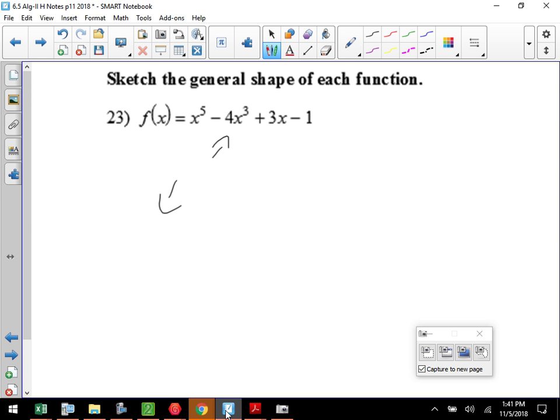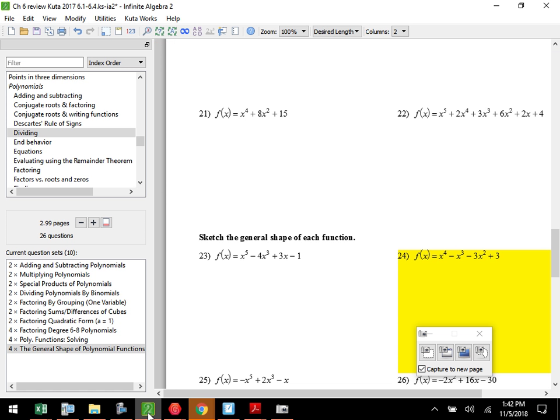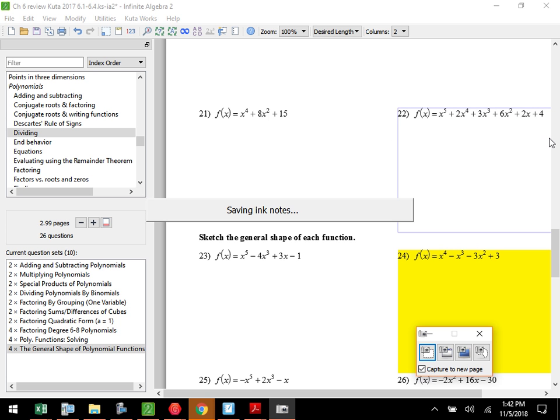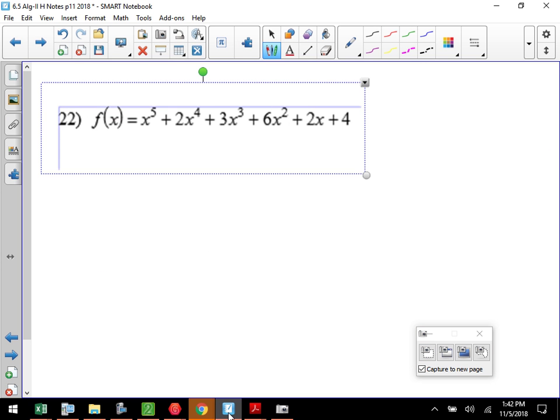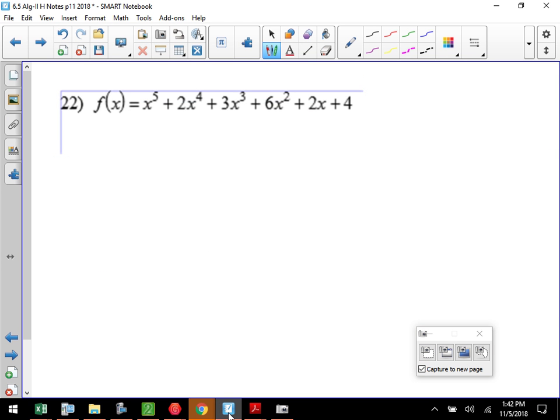Also, if you look at number 22, I think it said solve for all zeros. Now, when you get into this one, there's not a whole lot you can do.